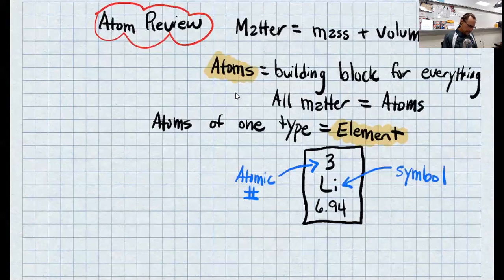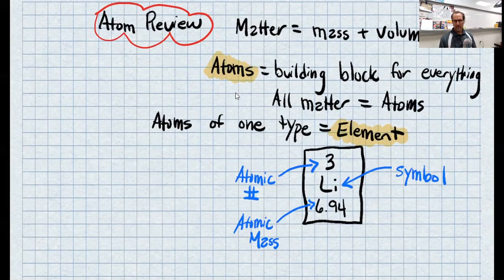And then this number down here at the bottom is the atomic mass. Now, there's a lot of information in just those two numbers. So the atomic number and the atomic mass are going to be really important. And so that is something that we're going to want to keep an eye on.